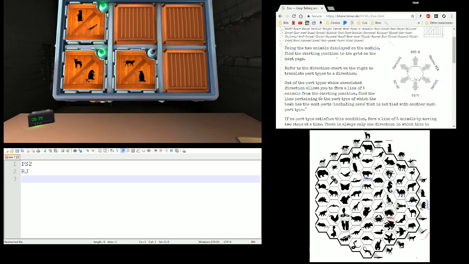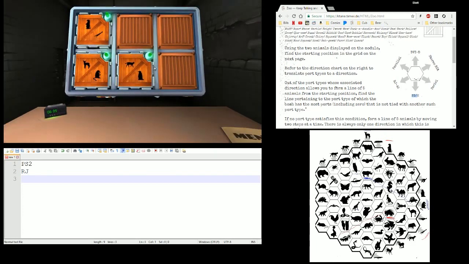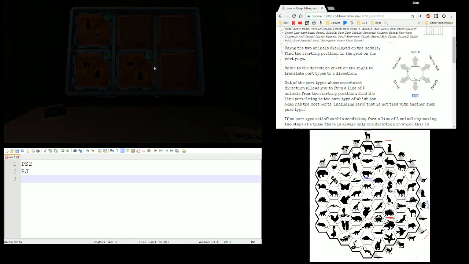South has 1, PS2, southeast has 0, so the 1 is unique this time. I can go the PS2 way. So I'm going to do cat, owl, snail, fox, giraffe. And that is the zoo module.